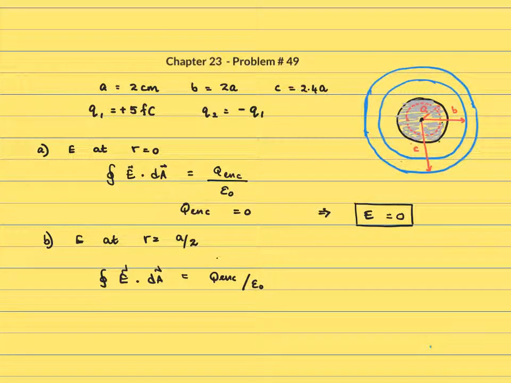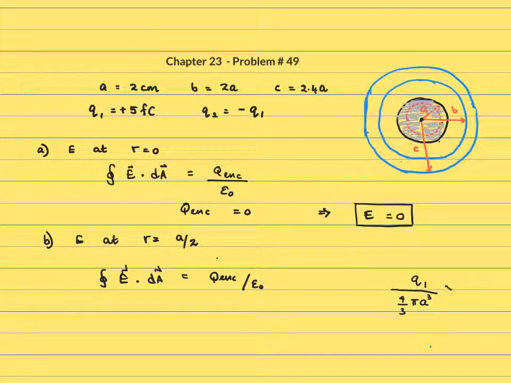Now in order to find the enclosed Q by the Gaussian surface that we drew, the Gaussian sphere, we have to use the ratio rule as we discussed in the last class. So the entire sphere radius is a, so the volume is 4/3 pi r cubed, where r is a, and the charge enclosed in that sphere is Q1.